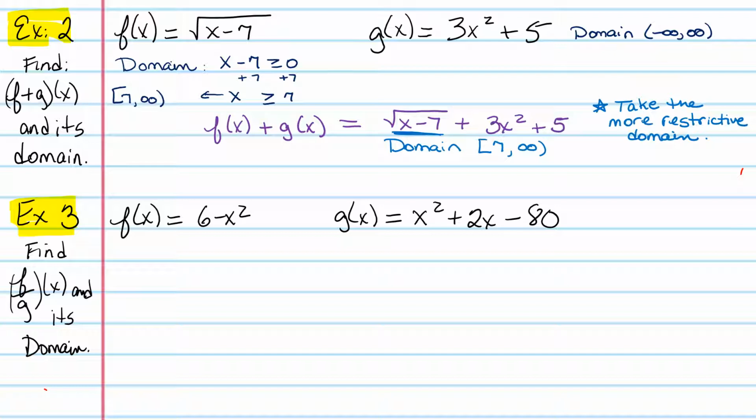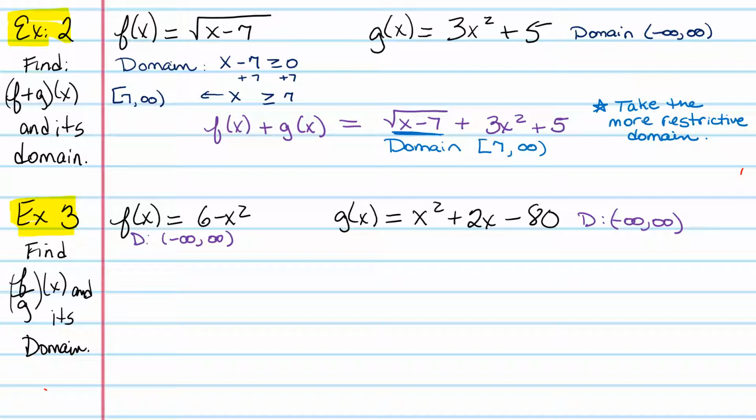Okay, example 3, same situation. We got two functions. We want to divide them this time, and the domain of each of these is negative infinity to positive infinity. These do not have any restrictions as they are written, but when we combine them, we will have a fraction.